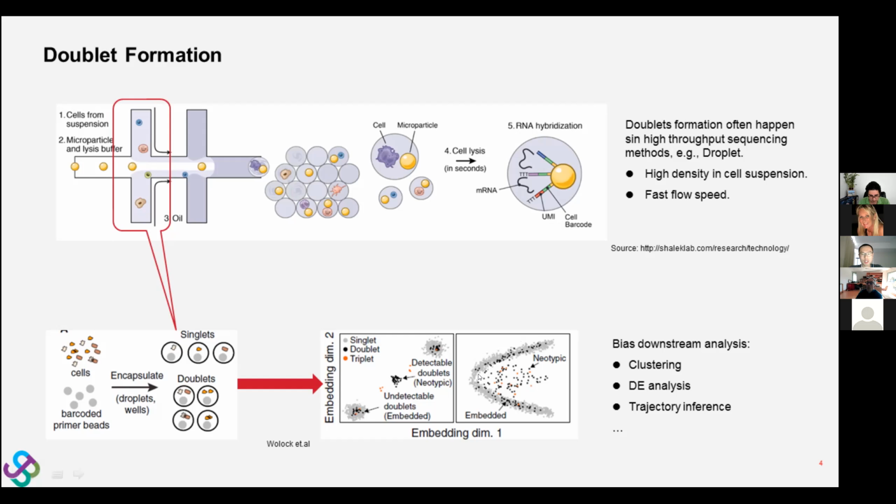Or in trajectory inference, we may have doublets in the middle of two branches forming a bridge. So we think there is not only a branch, but also a branch in the middle, but it turns out they are not real branches. All these issues can bias our downstream analysis.